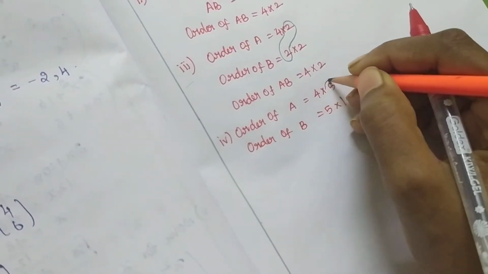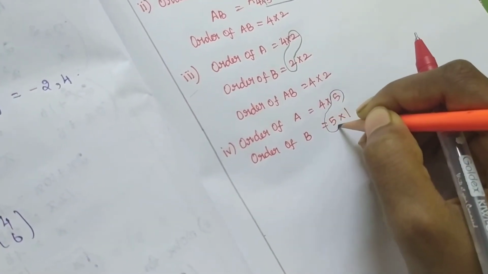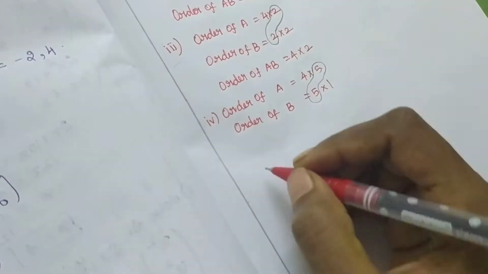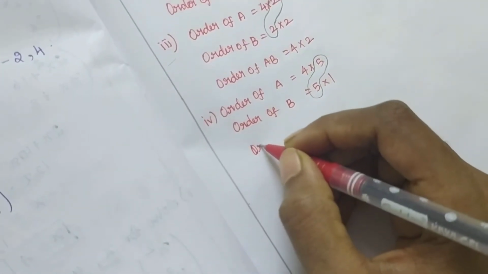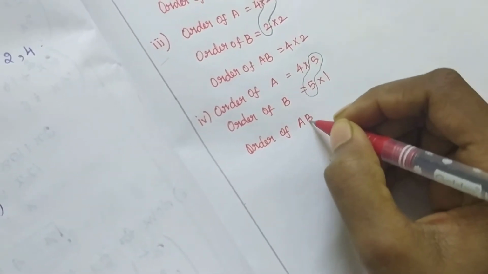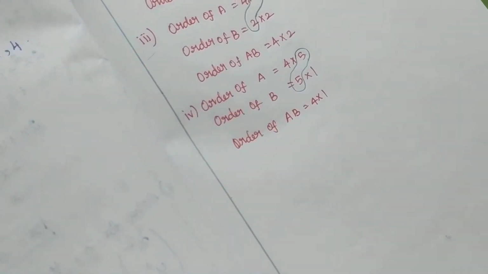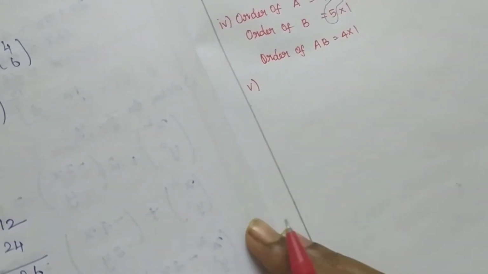So my first matrix's column is equal to the second matrix's row, I can proceed. Order of AB, so what's that? 4 cross 1. Okay, then the fifth one you will try. That will be easy.